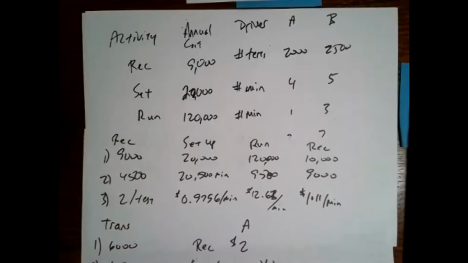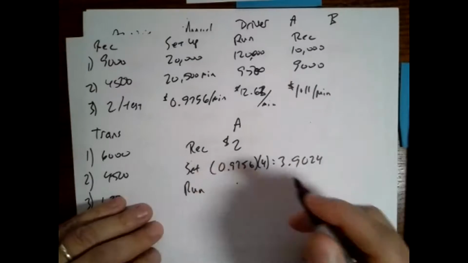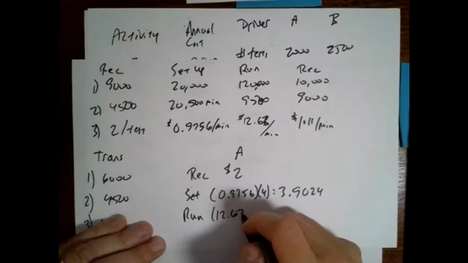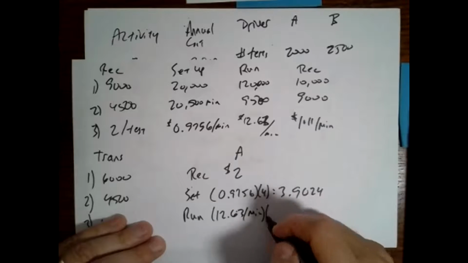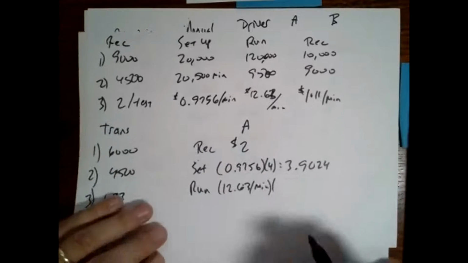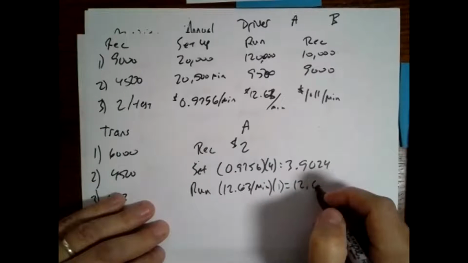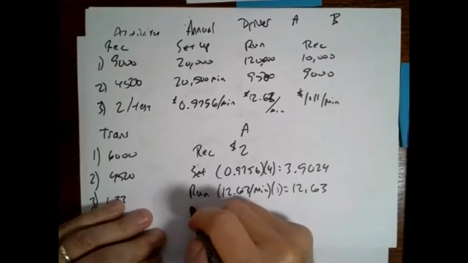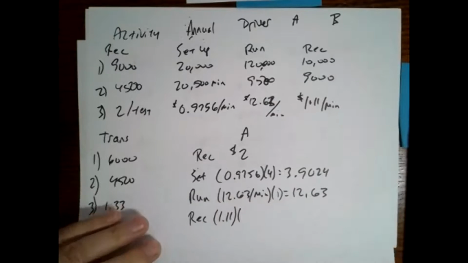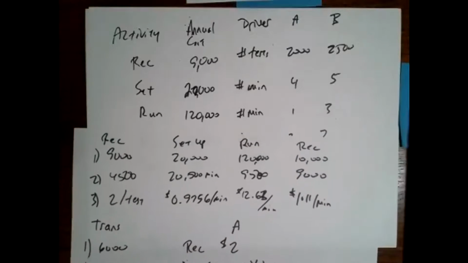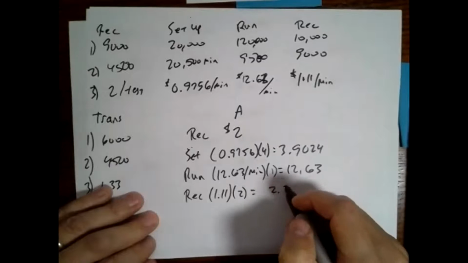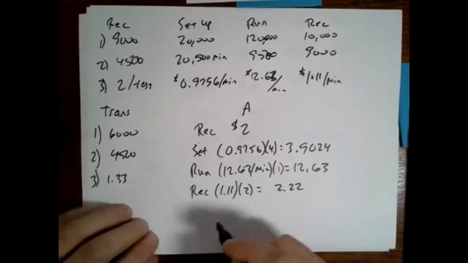Then we move on from setup to run. Run is $12.63 per minute, and for A, running is 1 minute, so that's 12.63. Recording is $1.11 per minute, and recording takes 2 minutes, so that's 2.22. Next is transmit.